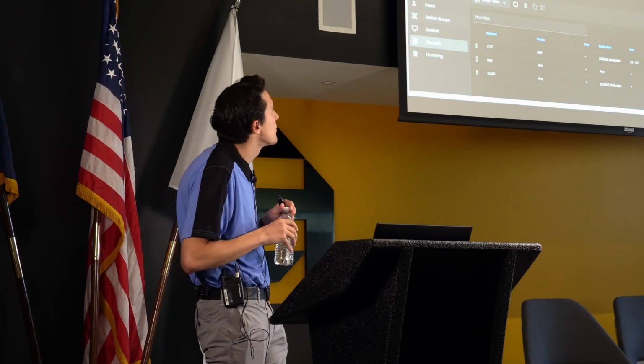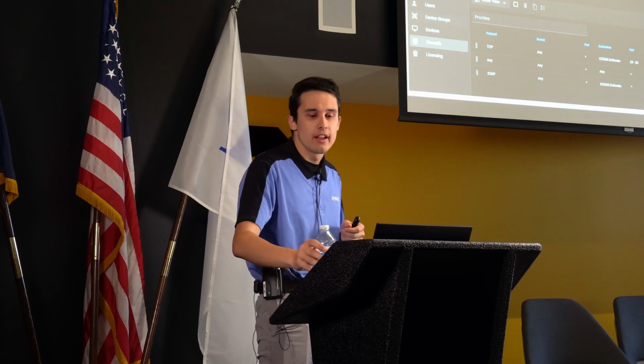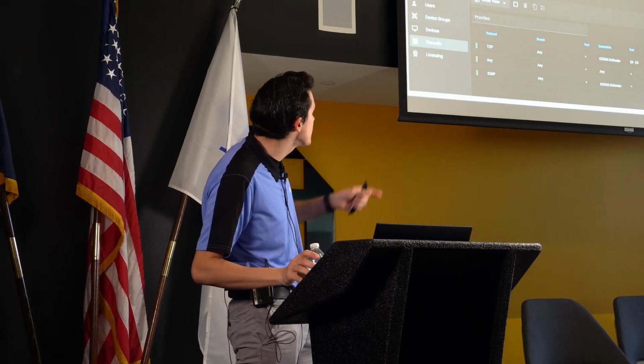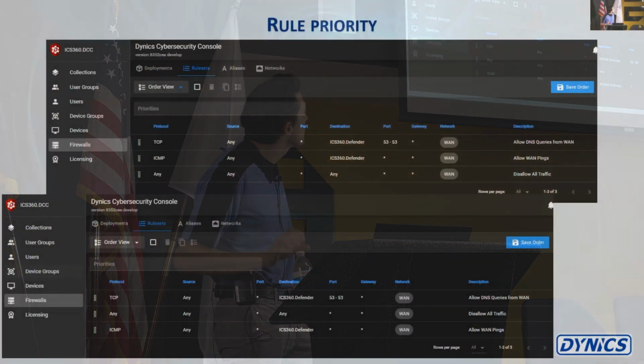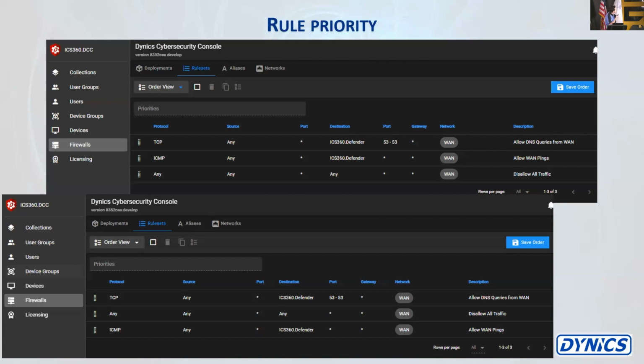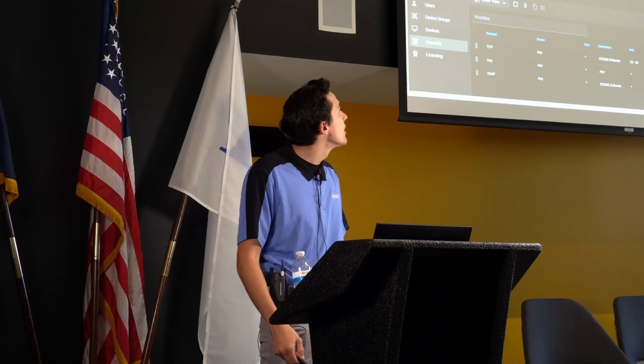So let's talk a little bit about rule priority. As you can see, these two rule sets are made up of the same constituent rules, one to allow TCP traffic, one to allow ICMP pings, and one that blocks any other access. You might have a similar rule set on your ICS defenders as they stand now.